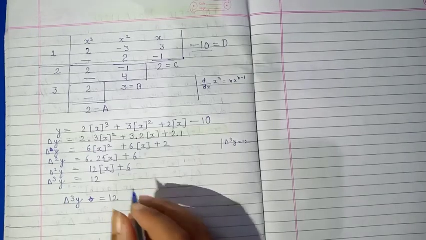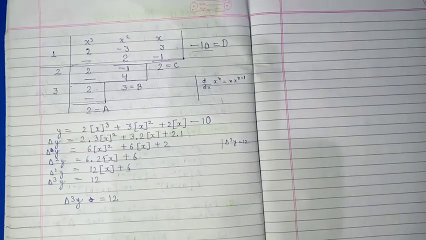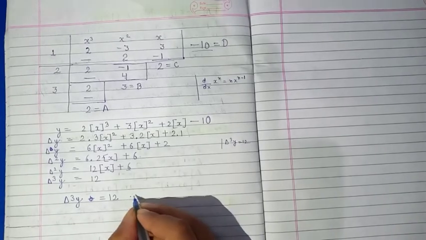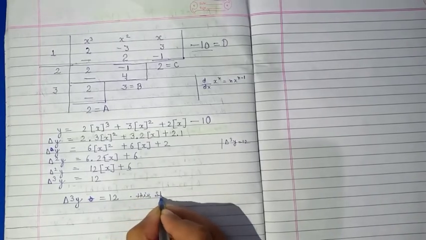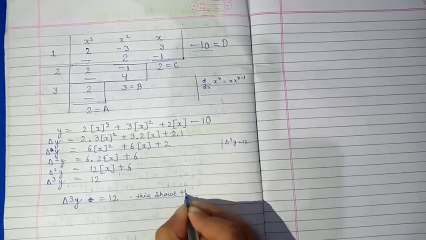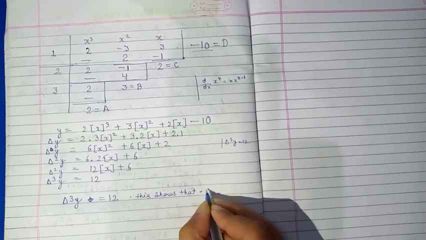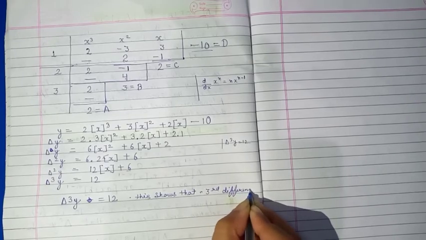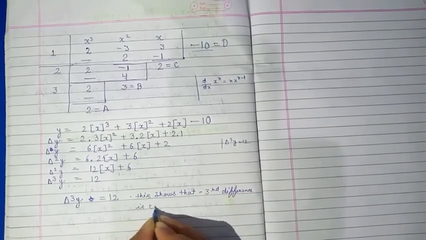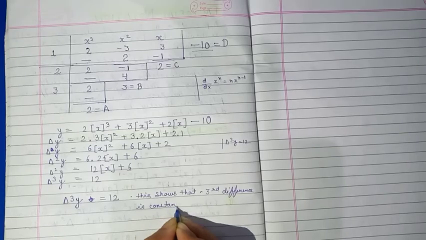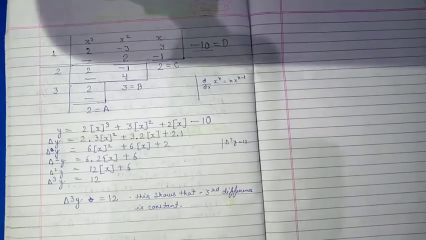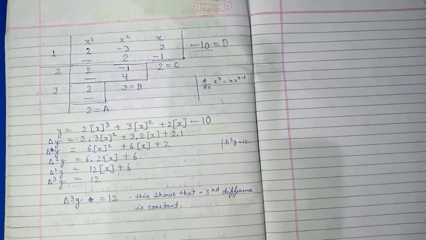So what we have got shows that the third difference of y is constant. Understand?